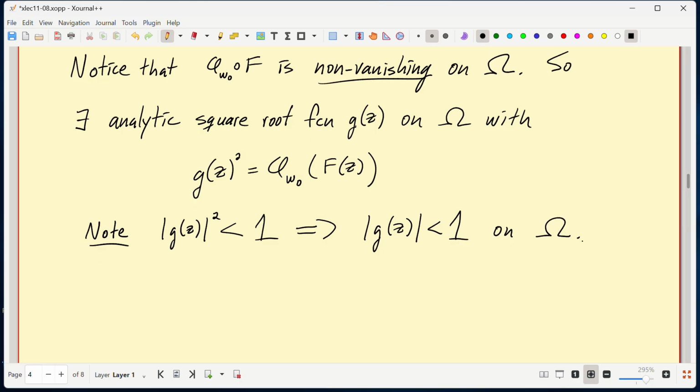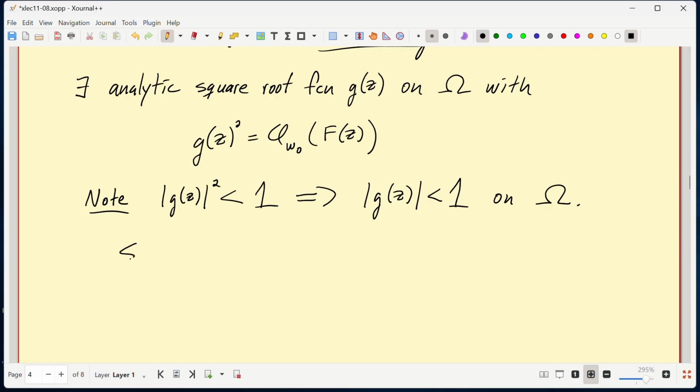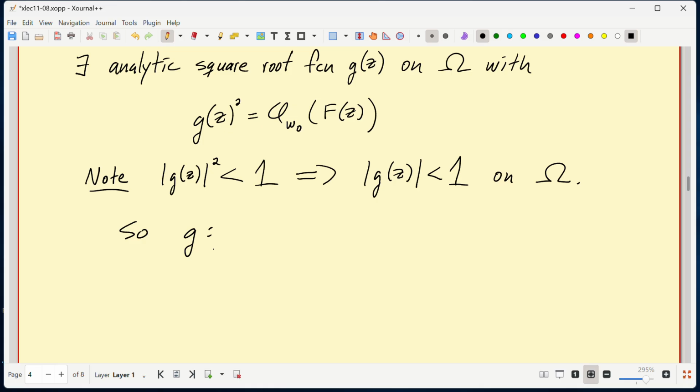So g maps into the unit disk. I'm going to mess around and show you it has a bigger derivative at some point soon. So it maps omega into the unit disk. I claim it's 1-to-1.